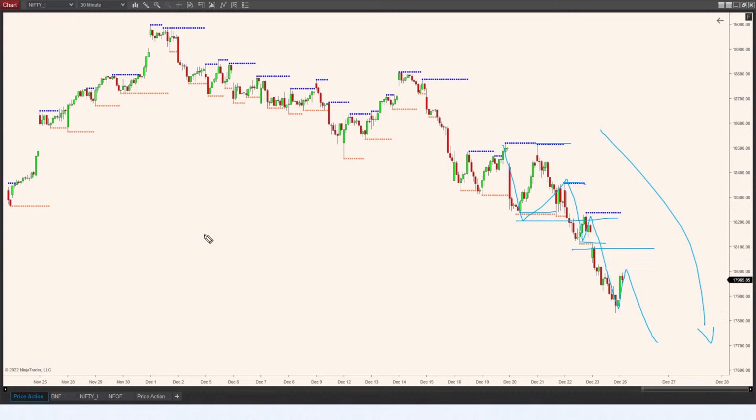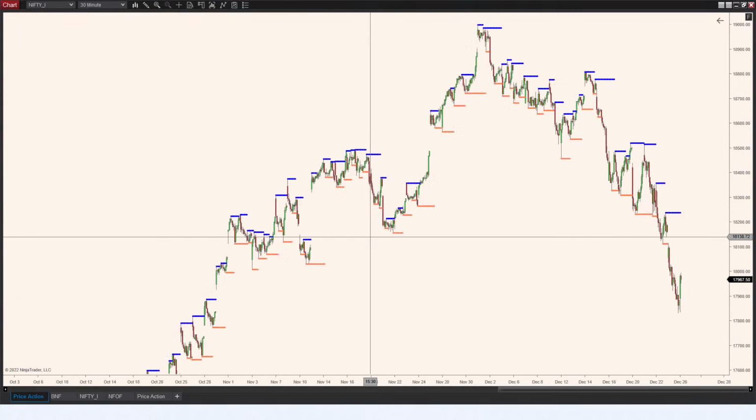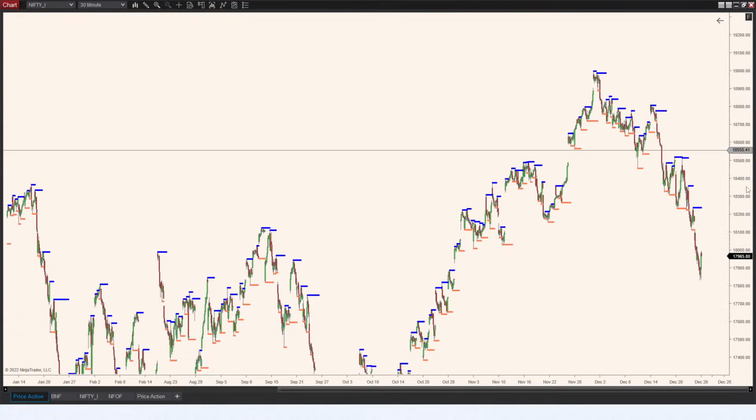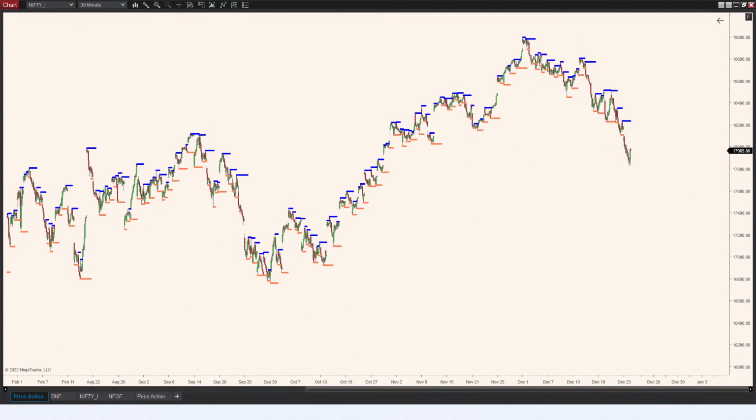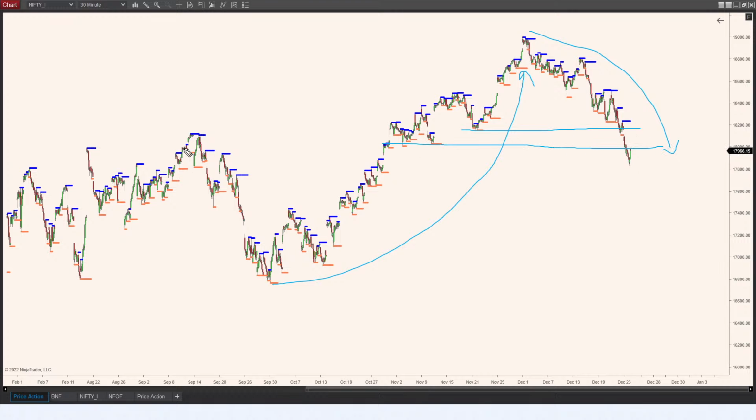This is one context, but if you look at the broader picture of the market, this is very important information. From this point the market was moving in the upward direction, and this is where we saw the reversal. As you can see, it is breaking all the previous supports.